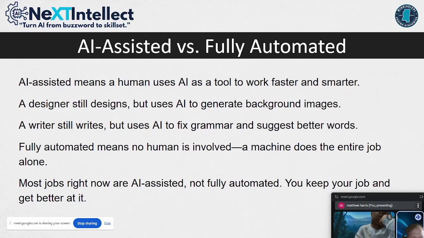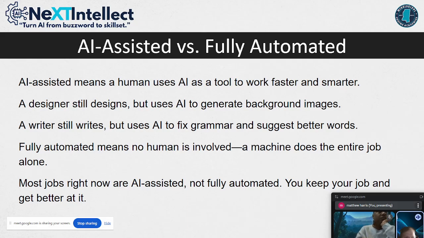Fully automated, though, means no human is involved, so the machine does the entire job alone. And we already talked about automation, especially in the nutshell of classic machines that are automated, like an older washing machine and dryer. Even if they are pretty smart and AI-enabled, there are things that are fully automated with no human involved. I mentioned that bartender that was a robot, which wasn't a humanoid-looking robot.